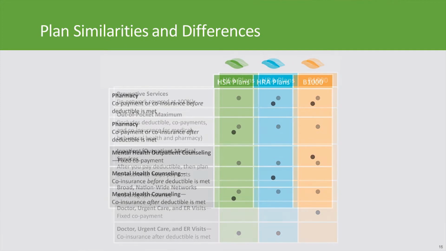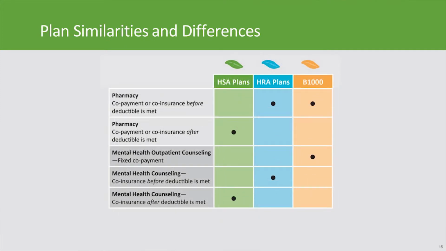We talked about the pharmacy difference. Again, for the B1000 and HRA plans, you pay a co-payment or co-insurance before your deductible is met. But for the HSA plans, you must meet the deductible first, and then the co-payment or co-insurance is next.